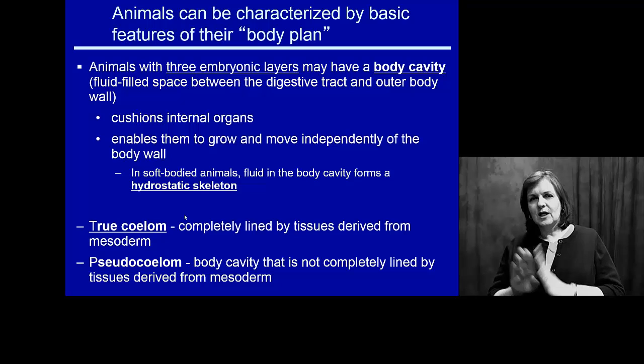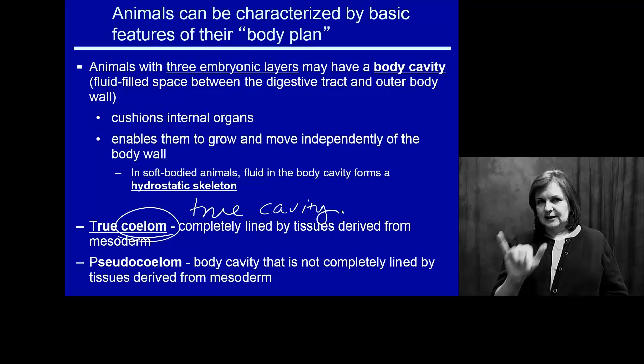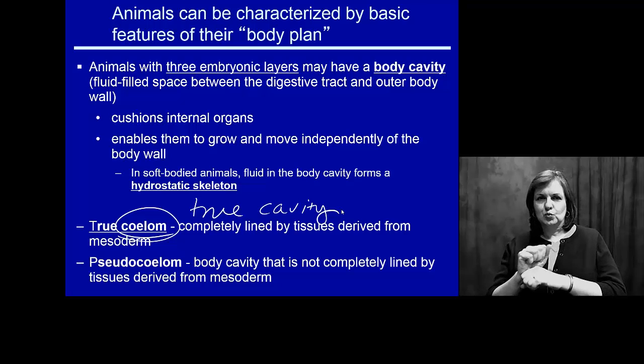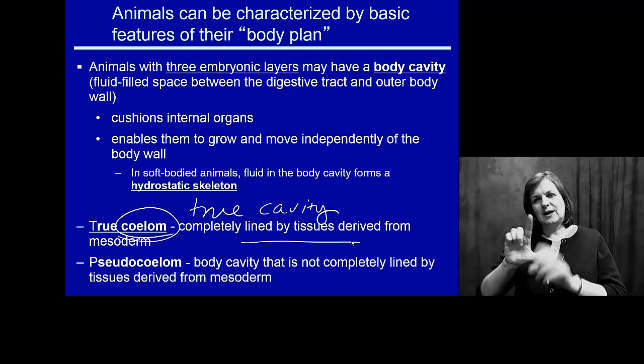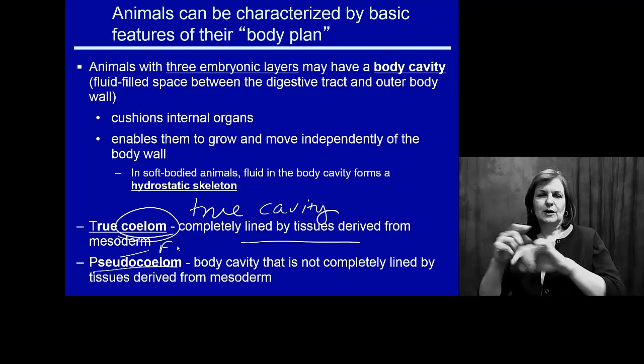And we develop something known as a coelom. We've talked about this before as being a true cavity. So this coelom, or cavity, is an open space. A true coelom is lined by tissues. This is a very advanced structure. A pseudocoelom, remember pseudo is fake or false.